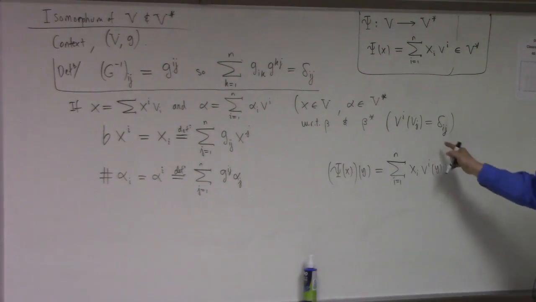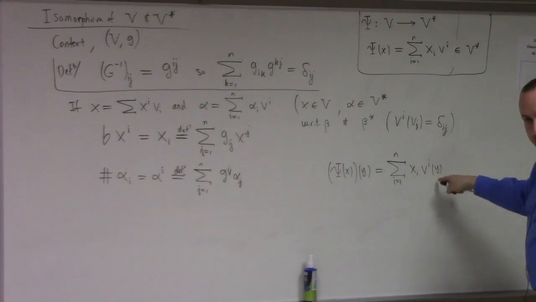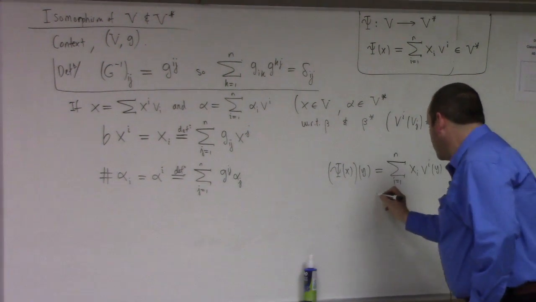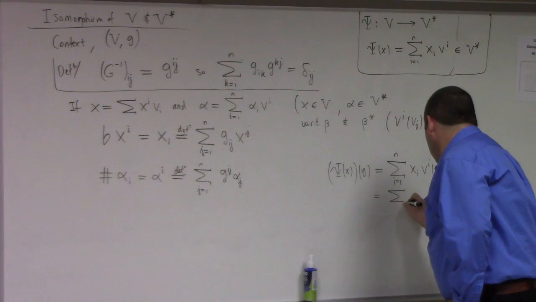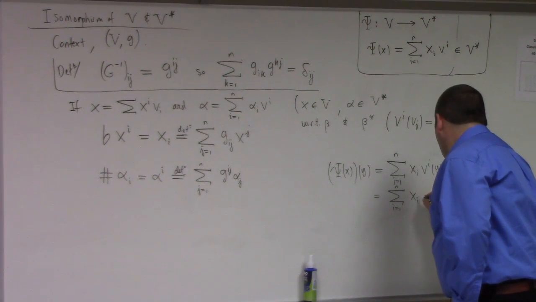We talked about that last time. What is the dual basis acting on a vector? It gives you the component of the vector in that direction. So we proved last time that this is equal to y upper i. So you've got the sum, i equals 1 to n, of x lower i, y upper i.